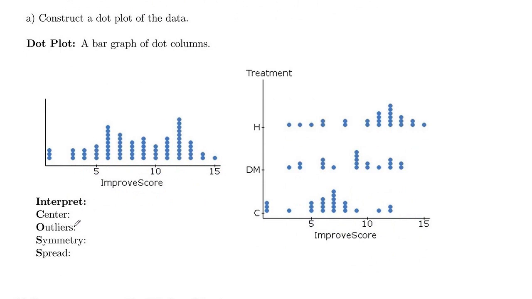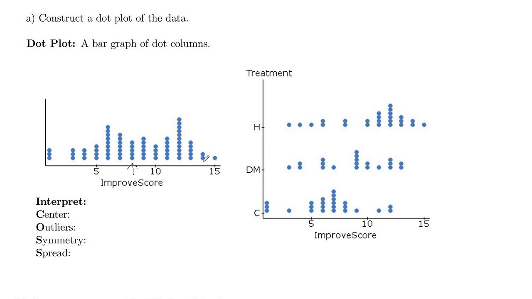Well, we can use this acronym SOSS, C-O-S-S: Center, Outliers, Symmetry, and Spread. So where is the center of the data? Again, these are just estimates here, but the center of this data, I would guess somewhere in here. So this is 5, 6, 7, 8.